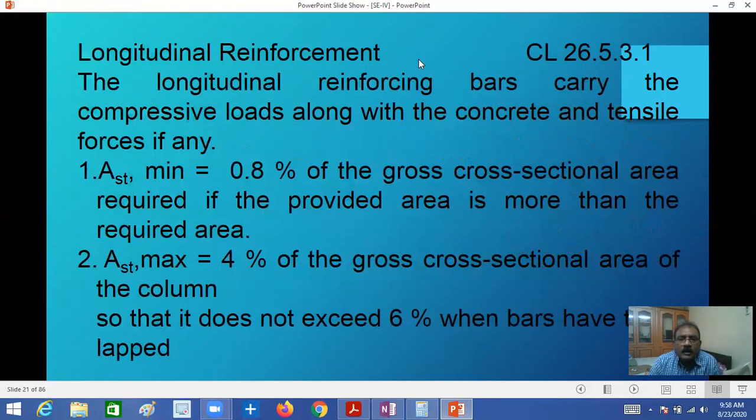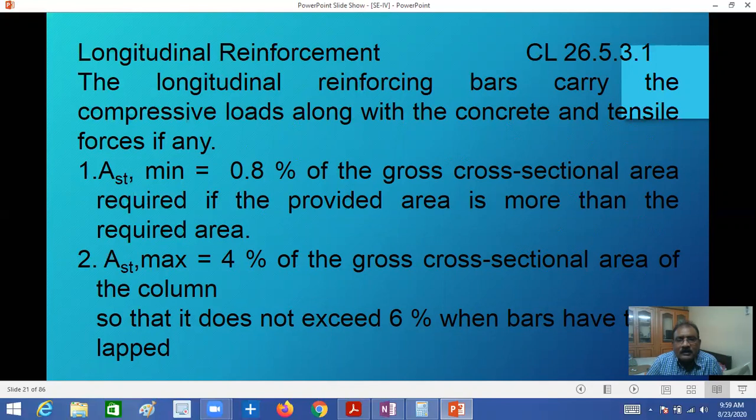And according to design consideration, longitudinal reinforcement. Here, very important points are there. You must remember, problems on these are only applications. We have formulas, and we don't have any derivation of formulas. Given data, you are asked to find the data not given.